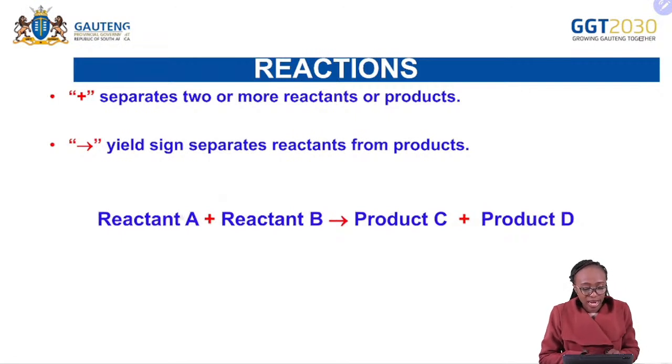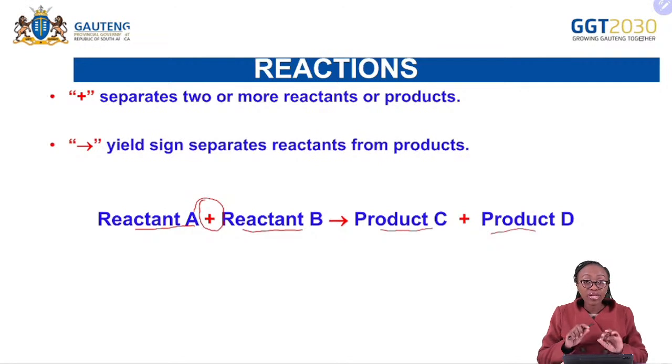So this is a chemical equation. We've got reactant A and reactant B, and then we have product C and product D. Remember we said the plus sign will separate two or more reactants or two or more products. If we have more than one product, we add a plus sign, and if we have more than one reactant, we put a plus sign between the reactants.